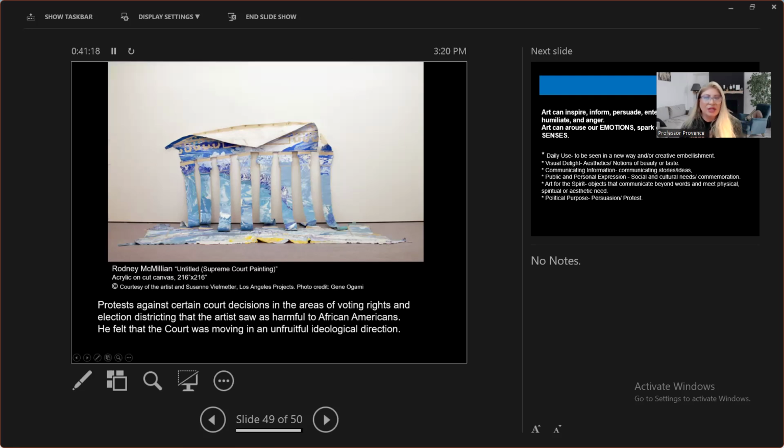But this was a direct statement because the artist was protesting against certain court decisions in areas of voting rights and election districting that the artist saw as harmful to African Americans. So he felt that the court was moving in an unfruitful ideological direction.